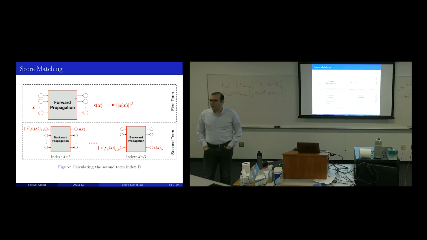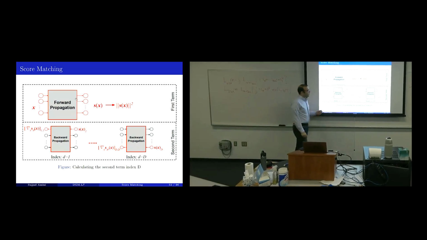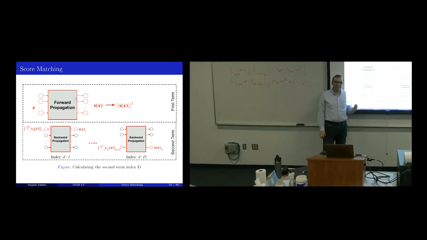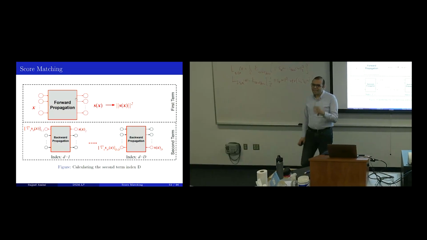So, just in high level, when you take the trace, you are losing some information, right? What do you mean? The thing that is important for us is that ISM and ESM are equivalent.